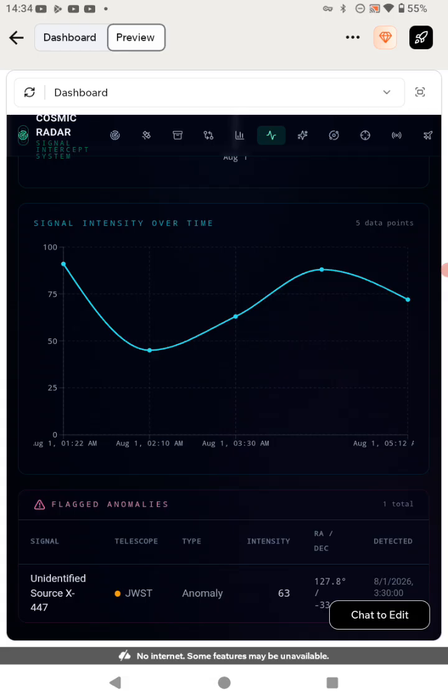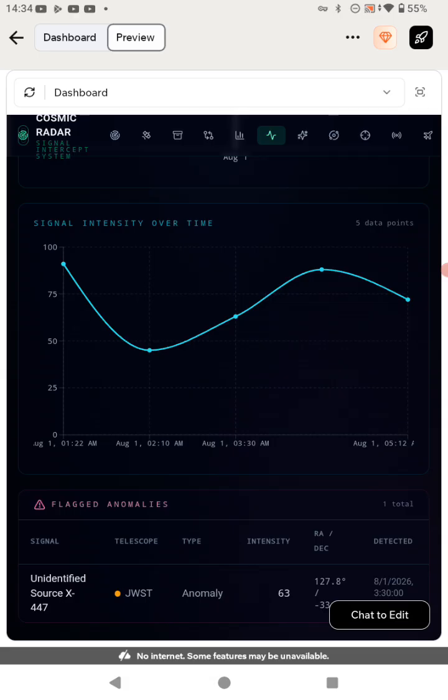Now down here, flag anomalies. I guess that's a feature that you can click on. Okay, I don't know, it didn't do anything. Okay, so now we got our signal, identified source X-447, telescopes of James Webb, type anomaly, intensity 63.